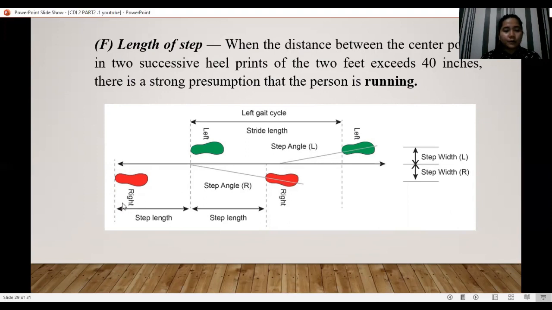If we are referring to the length from right foot to left foot, ito lang yung tinatawag natin na length of step. Pero pag between right foot to right foot, dito na. At this point and at this point, dito yung length of step. So, ibig sabihin, pag exceeds 40 inches, there is a presumption that a person is running.